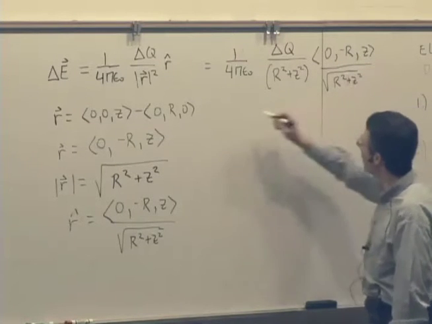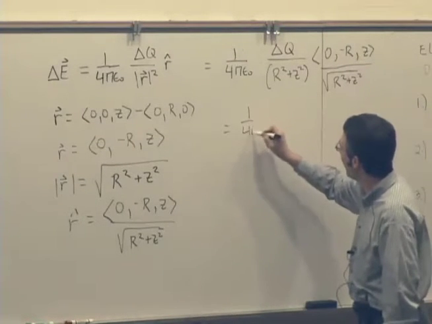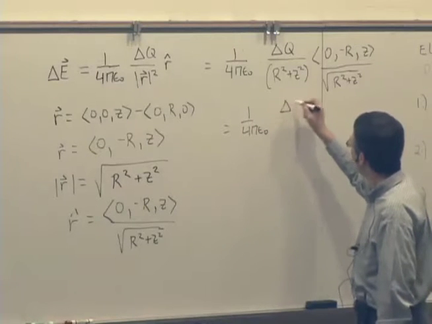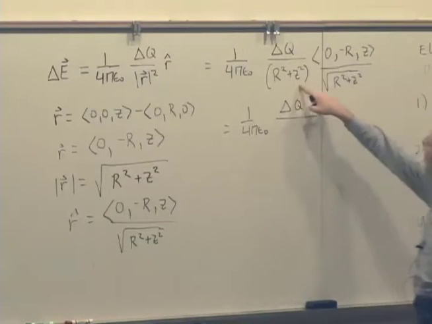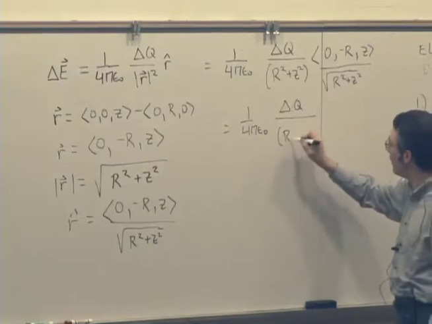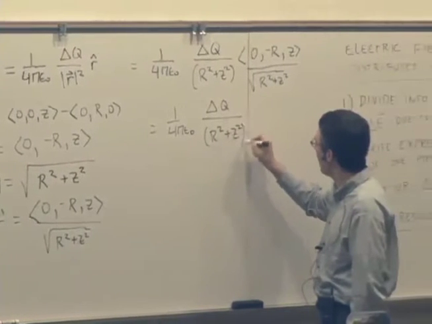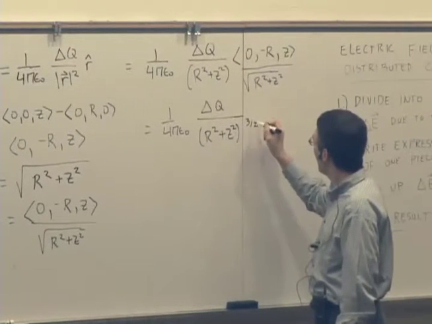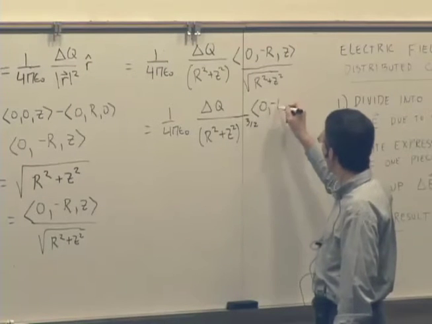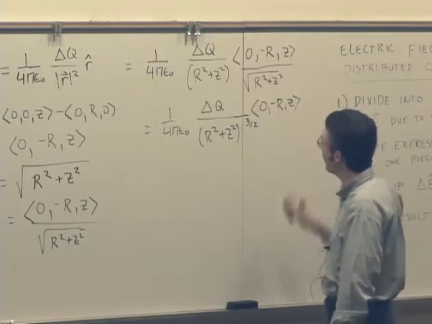If I simplify that a little bit, I'm going to have this factor to the 3/2 in the denominator times this vector 0, negative R, z.